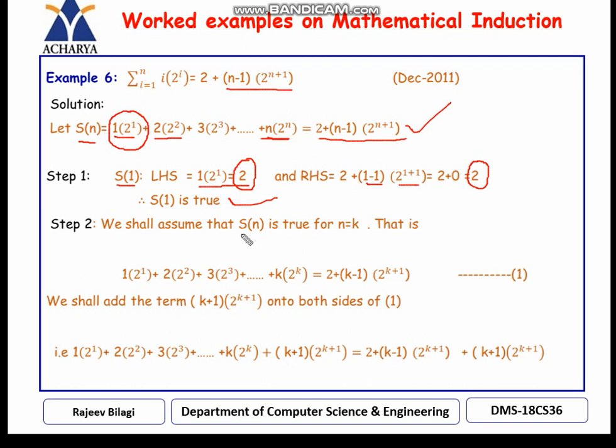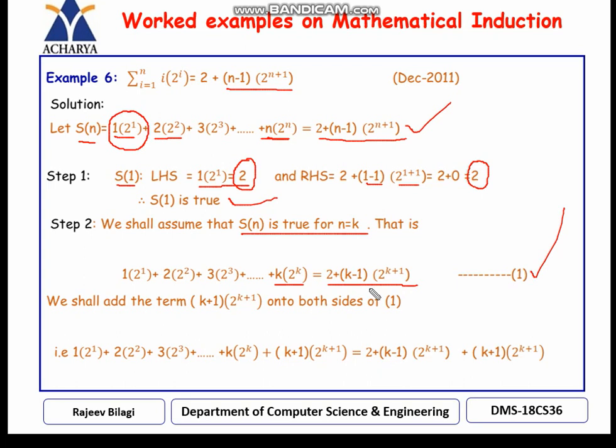We'll assume that S of n is true for n equal to k. So I can write 1 into 2 to the power of 1 plus 2 into 2 to the power of 2 plus 3 into 2 to the power of 3, up to k into 2 to the power of k, is equal to 2 plus (k minus 1) into 2 to the power of k plus 1.